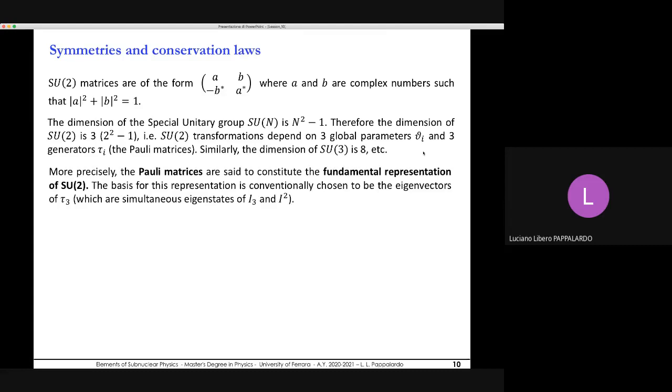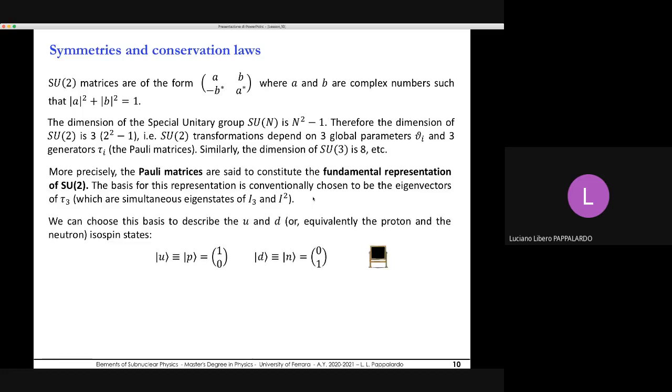Now, more precisely, the Pauli matrices are said to constitute the fundamental representation of SU2. The basis of this representation is conventionally chosen to be the eigenvectors of tau3, the third Pauli matrix, which are simultaneous eigenstates of I3 and I squared. So let me put this on the board in a moment.